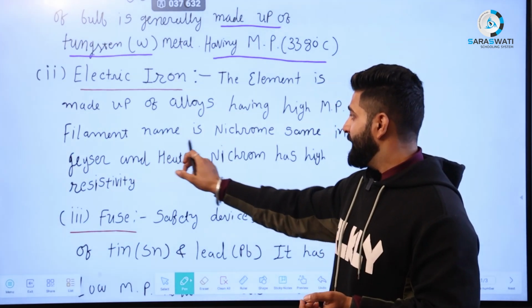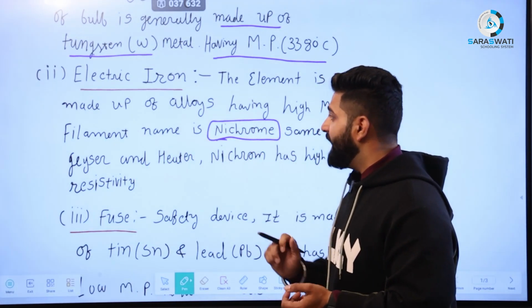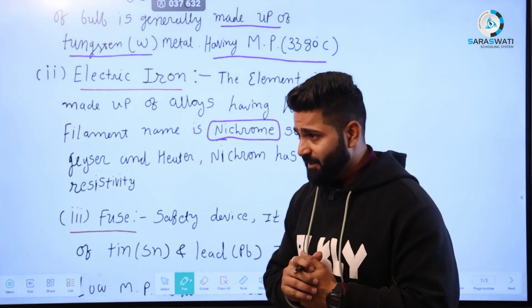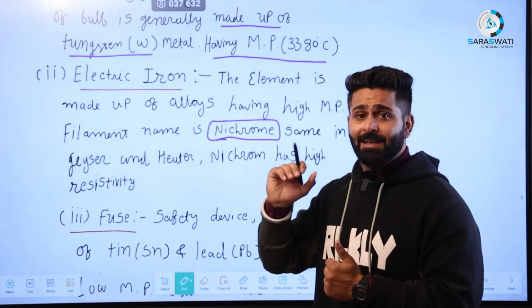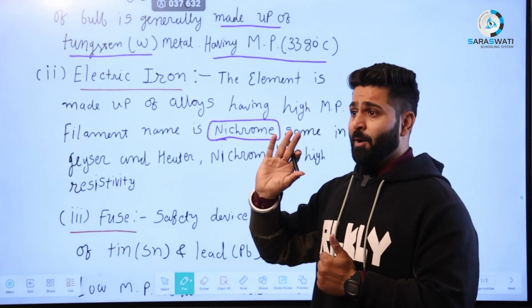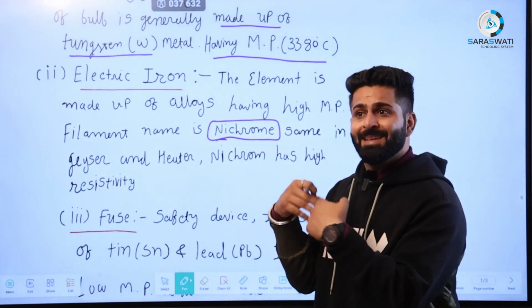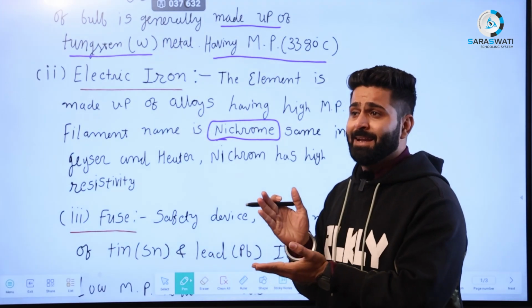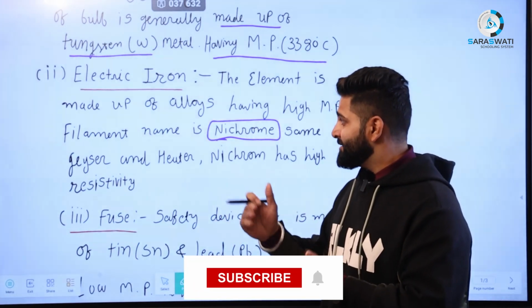The name of the filament is nichrome, so you have to remember the name nichrome. Why nichrome? Nichrome wire has high resistivity. Due to the high resistivity, when current is passed through the nichrome, it produces a high amount of heat, which we use in many appliances like electric irons, electric geysers, toasters, etc.